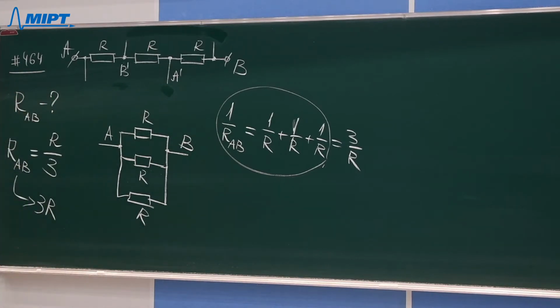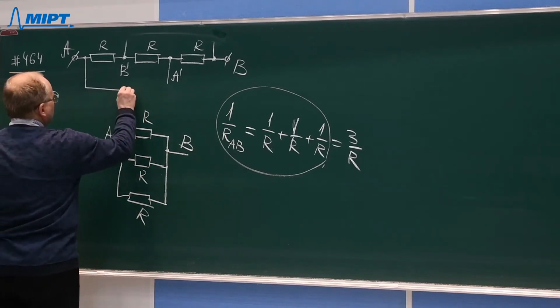So by connecting and disconnecting these wires, we may switch the total resistance between 3R and R divided by 3. And disconnecting can be realized by a switch.